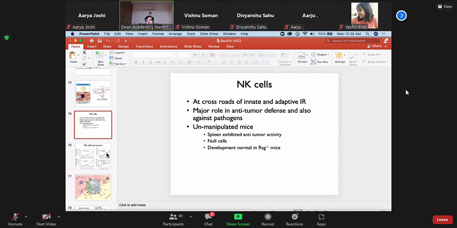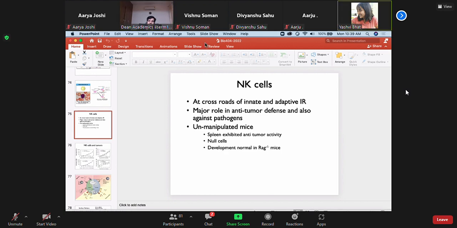Now you don't have MHC class 1, so you also have to provide a facility where these cells do not go uncontrolled, and that can be brought about by NK cells, because their recognition and activation is more or less independent of MHC class 1. Rather, MHC class 1 actually gives a negative signal to these cells, and if MHC is not present, you can have NK cells killing these cancer cells or infected cells.